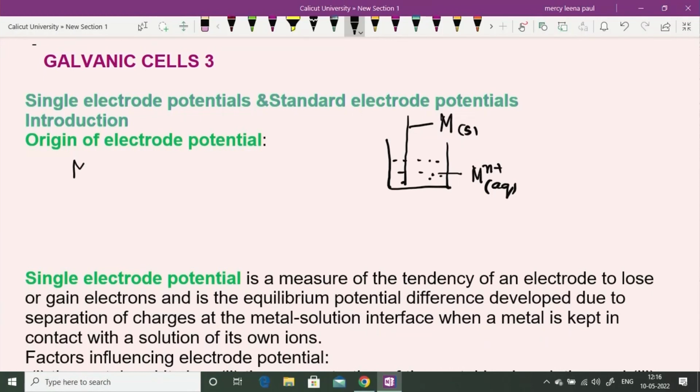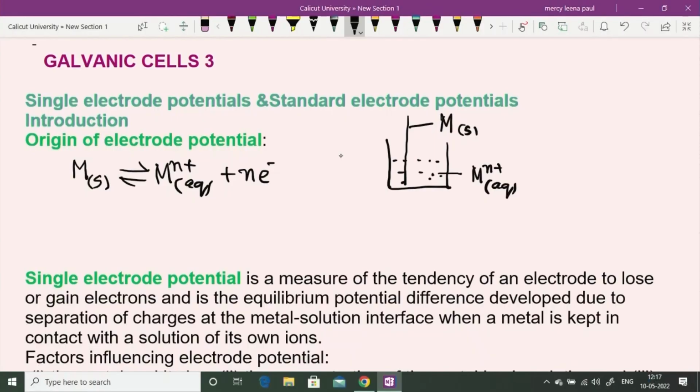The first tendency I can represent as the metal, which is in the solid form in the metal rod, going into solution as metal ions while keeping its electrons on the metal rod. So, here the metal loses its electron, the electron remains on the metallic part, and the metal goes into solution as Mn plus, where n is the valency of the metal ion.